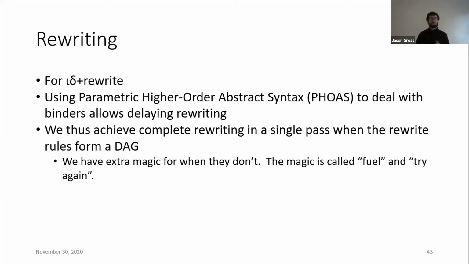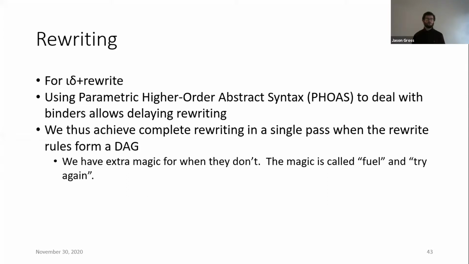Finally, rewriting, which was used for iota delta reduction and rewriting, and the equational and arithmetic simplification, was fused with normalization by evaluation. And here I want to mention that our abstract syntax trees were in parametric higher-order abstract syntax, also known as PHOAS, where the binders in the object language, the binders in the abstract syntax tree, are represented by binders in Coq's functional language, Gallina.